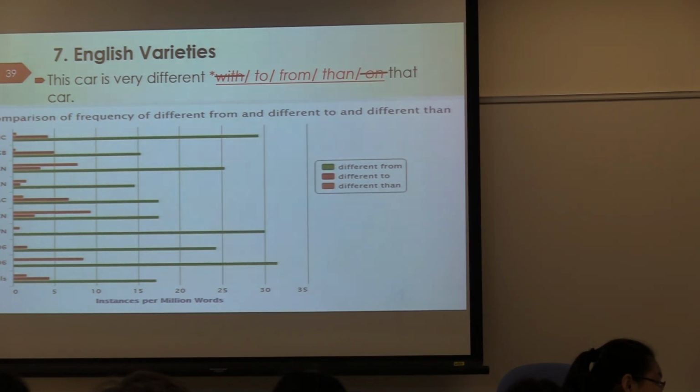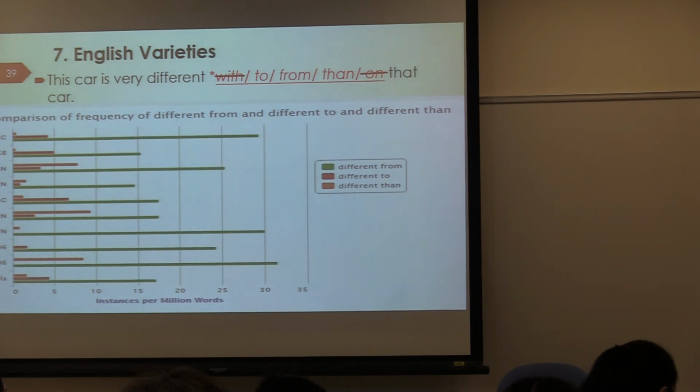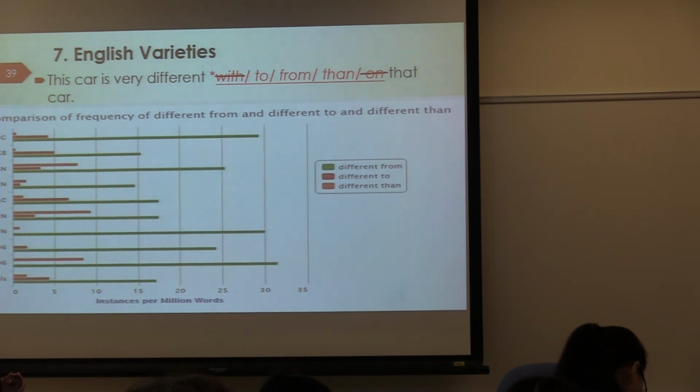Alright, like here, American English uses the orange one. That is different than. Remember, brown English is also American English, so also different than in American English. How about British English? Apart from using different from, do they use different to or different than?